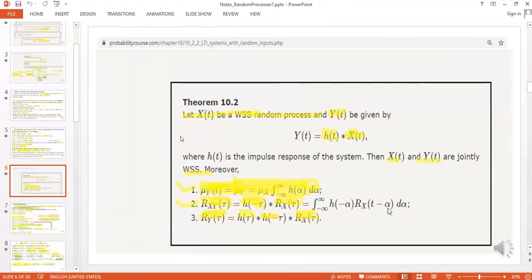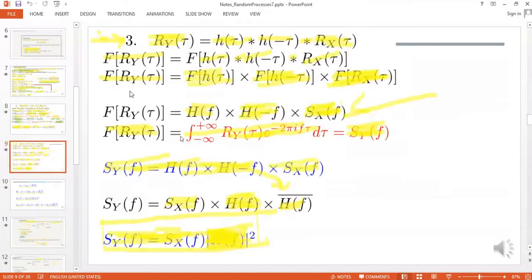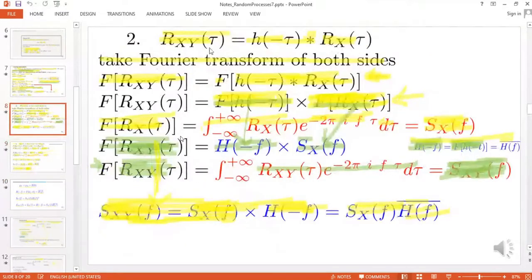Explicitly, if you write the convolution, you will get this one. So this is the second result of the theorem, R_xy(tau) equals h of minus tau star R_x(tau).